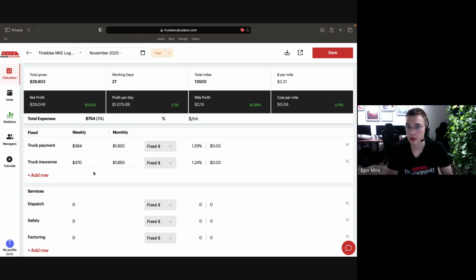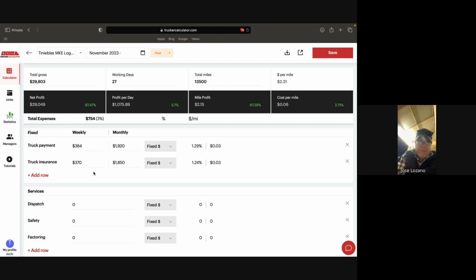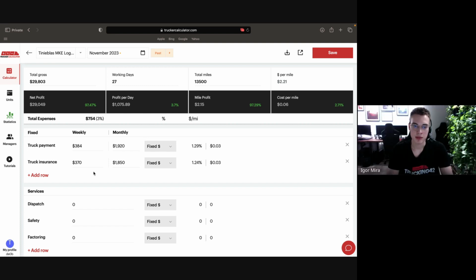That's also a good thing to see. So you recommend to have separate empty miles and loaded miles? No, I recommend to have the number of total miles when you're doing your calculation, to have the summary for each of your trucks.